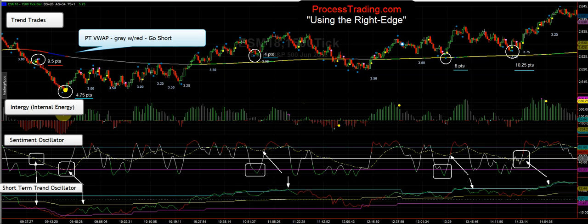The discretionary trade employs the three indicators at the bottom of the chart, which are, again, the energy indicator, the internal energy, the sentiment oscillator, and this oscillator, the nature of it is for the sentiment to go from the high to the low, back to the high.